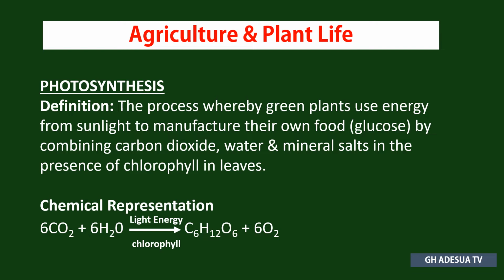So 6 molecules of carbon dioxide are added to 6 molecules of water in the presence of light energy, with the light being absorbed by chlorophyll, and this results in the production of glucose and oxygen. So C6H12O6 is glucose, and 6O2 is the oxygen. Carbon dioxide and water add up to produce glucose and oxygen.